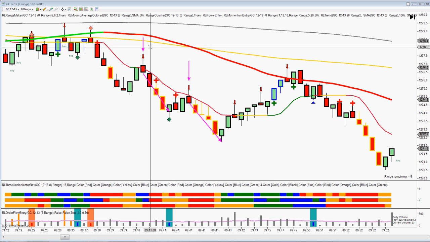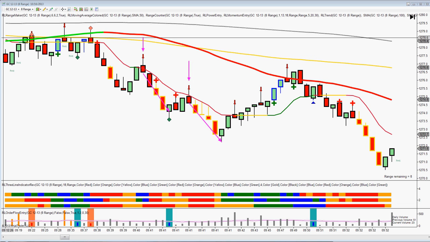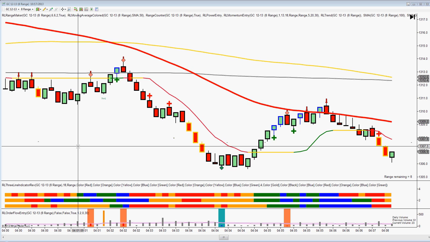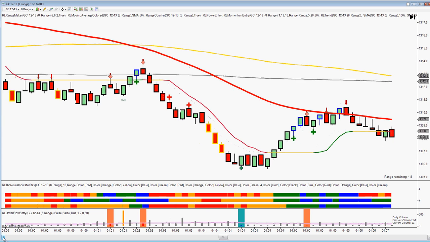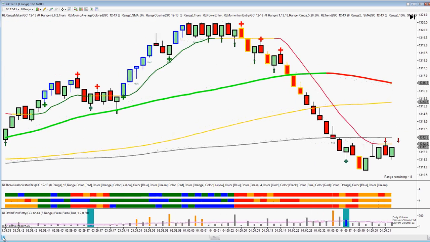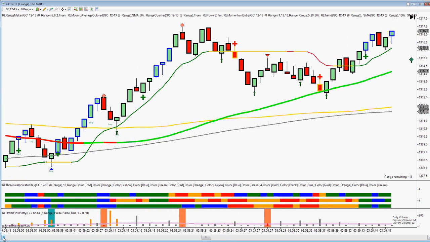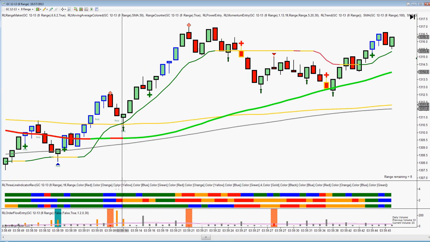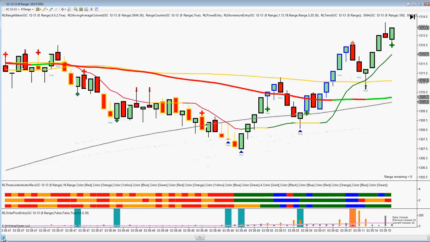And remember, below the 50, we always take the trade to the short side. Now, if you just take the ABC continuation signals and the power entries that are below the 50, below the 15, where the right line trend line is red short, and above the 50 and above the modified 15, it's another power entry. I may have shown you that before, right here. You can really wind up making a significant amount of profit.